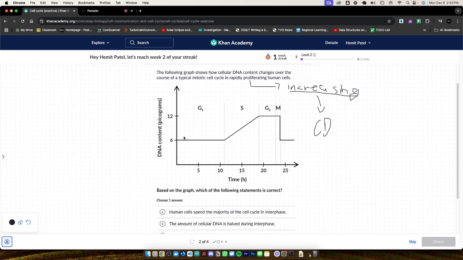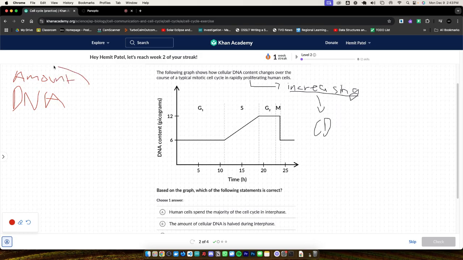Okay, so this graph is telling us how much the DNA content changes. So our DNA content is just how much DNA there is. The amount of DNA.